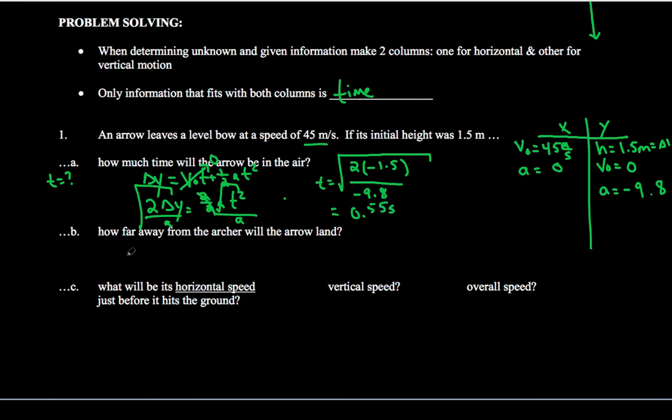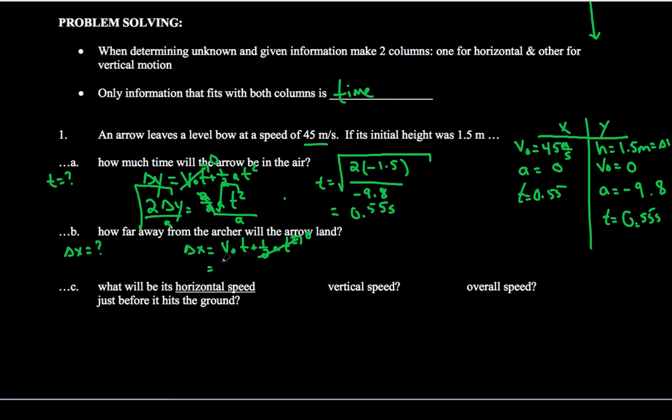Now, how far away from the archer will the arrow land? So now I'm looking for a horizontal distance. So now I know how much time it has, but what is interesting is that's how long it takes to go horizontally, and it also is how much time it takes to go vertically. So I'm still going to use the same equation, just in the horizontal direction, but the term that cancels out is the acceleration, since we have this idea right over here that the acceleration is 0.